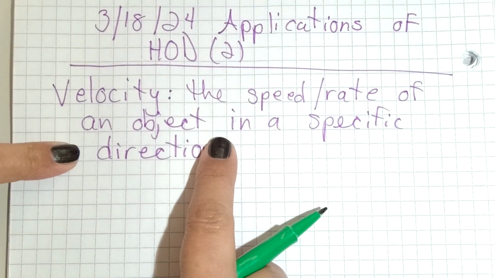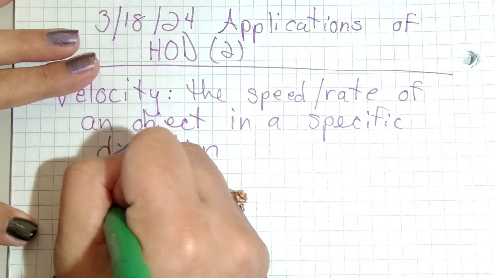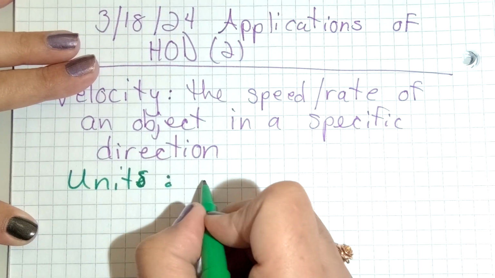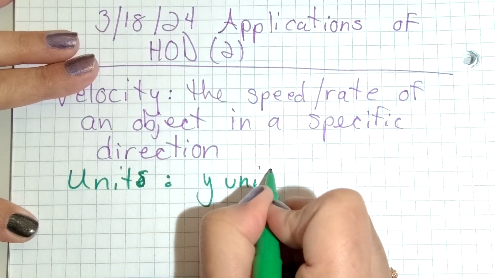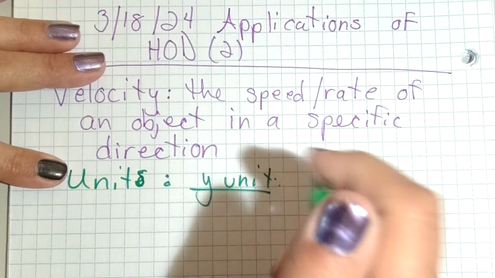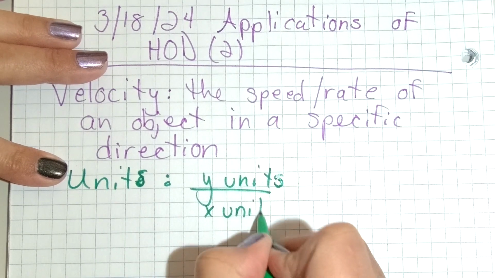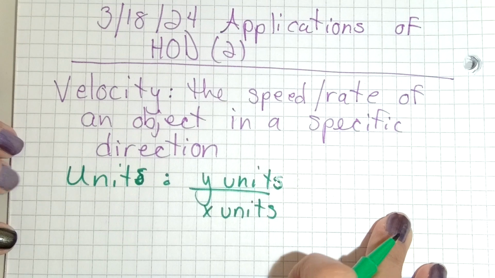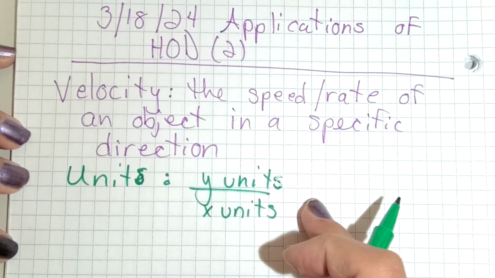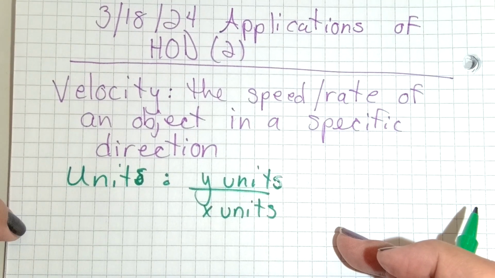For velocity, or for any derivative, first derivative, the units are going to be your y units over x units. Meaning that in the context of the problem, they'll tell you what your y is and they'll tell you what your x is. Okay?